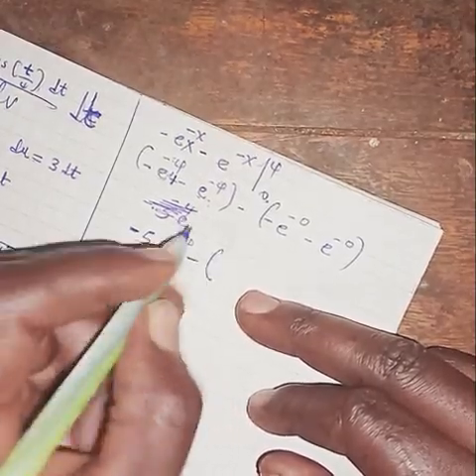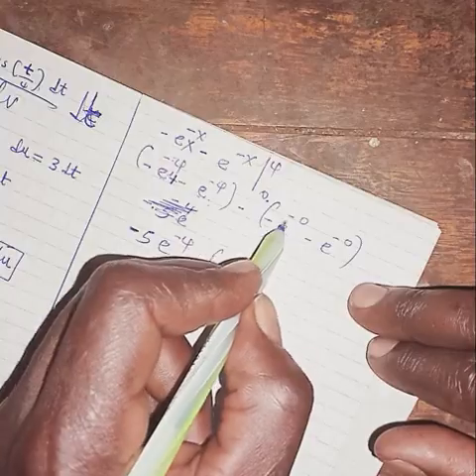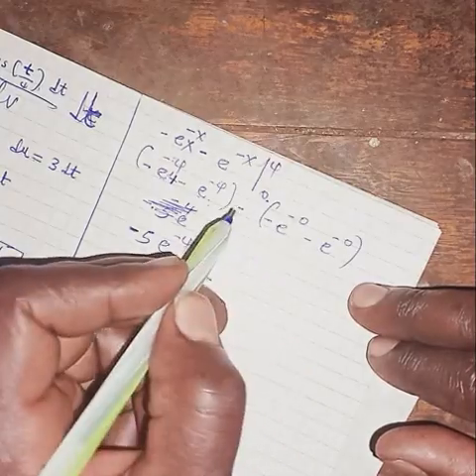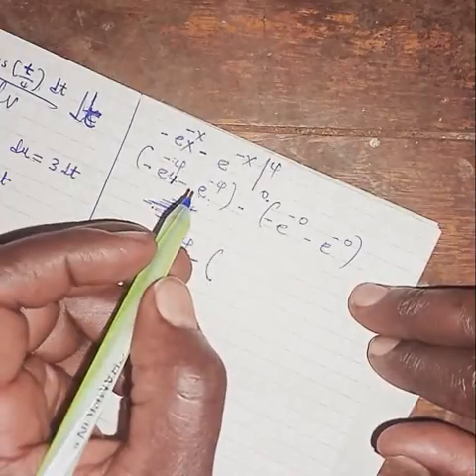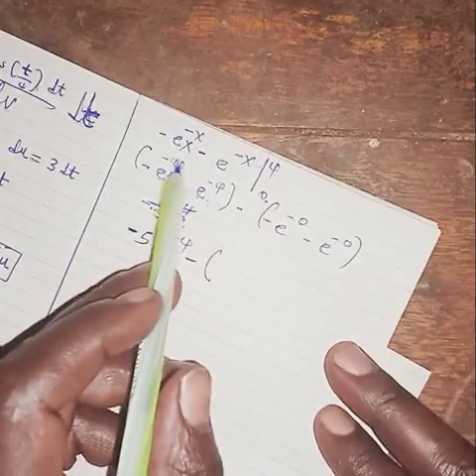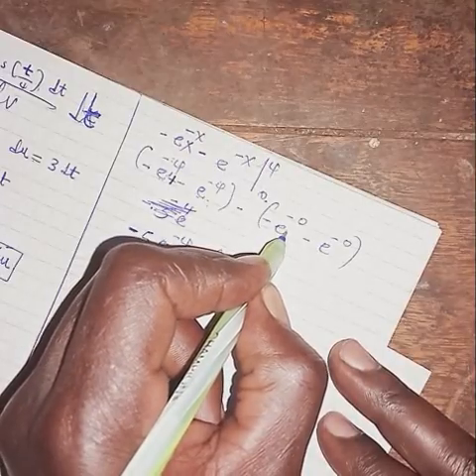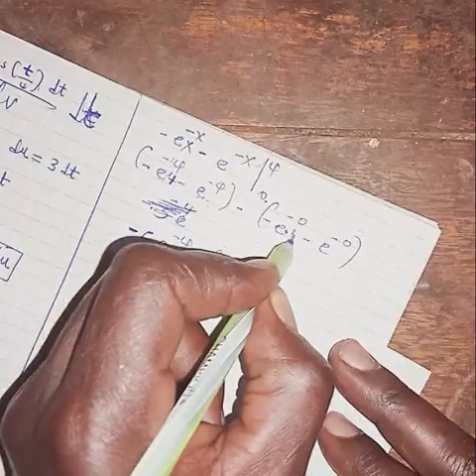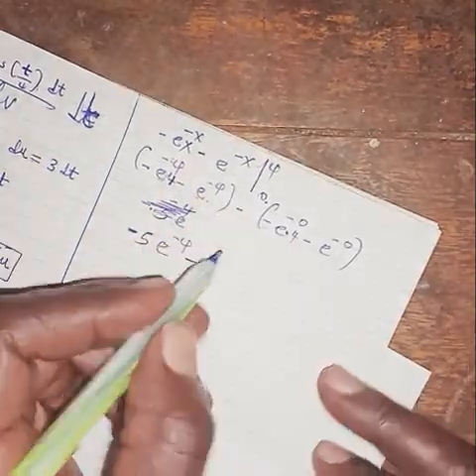Minus, into bracket, a number raised to 0. Here we have 4, so a number raised to 0 is just 1.